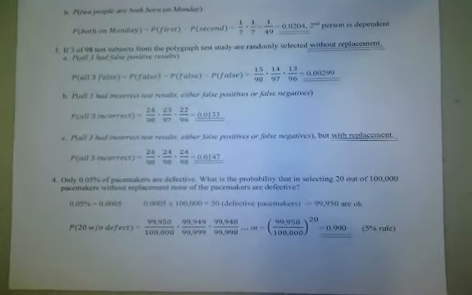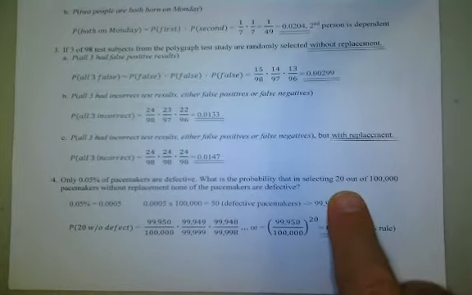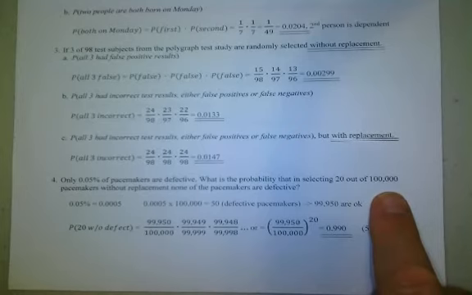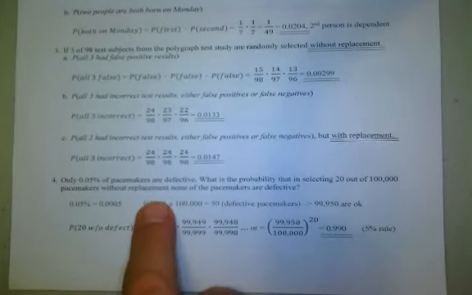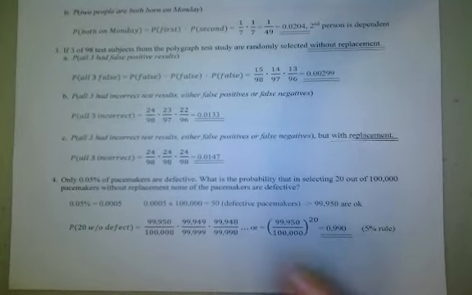All right. Only 0.05% of pacemakers are defective. What is the probability that in selecting 20 out of 100,000 without replacement, none of the pacemakers are defective? After all, you don't want to have a bad pacemaker, because somebody could die.